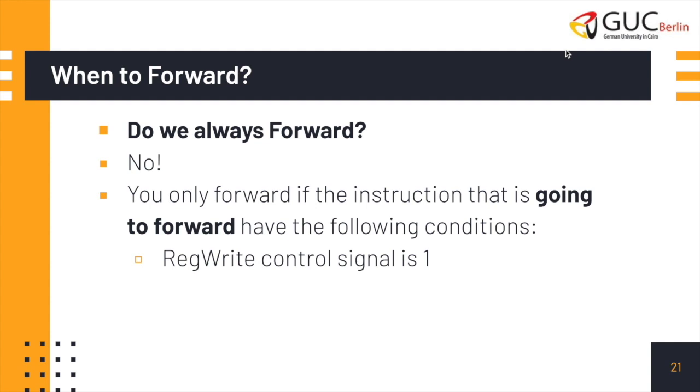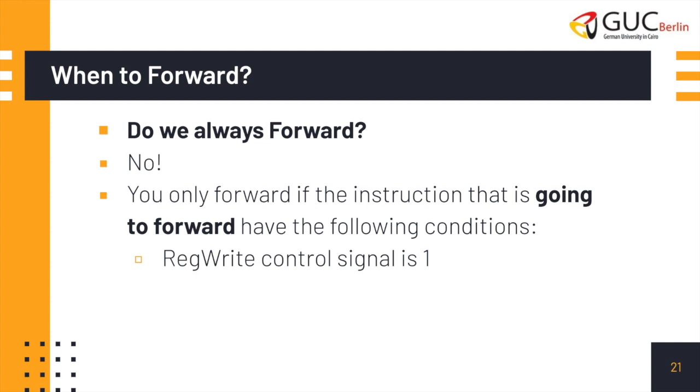Therefore, the instruction where we found a dependency and a hazard will not need a new value to use as an operand, because it can directly retrieve the old value from the register file, since the previous instruction will not actually update the value. So we need to make sure that the instruction going to forward the data will in the first place store the result in the register file. And how to know whether it is going to store the result in the register file or not?